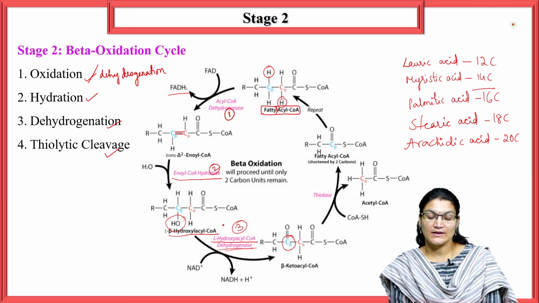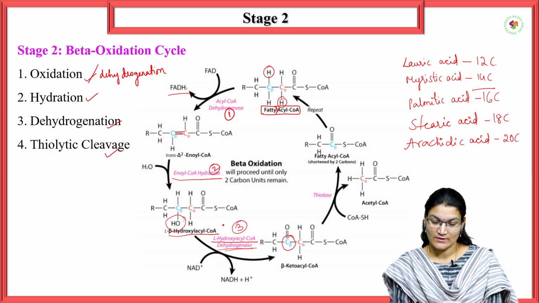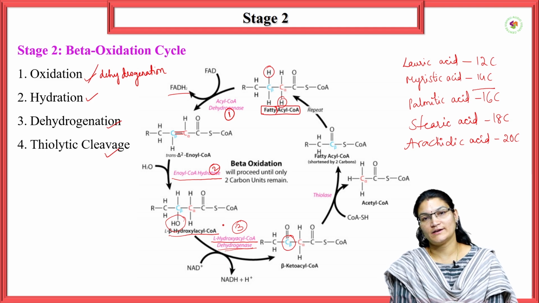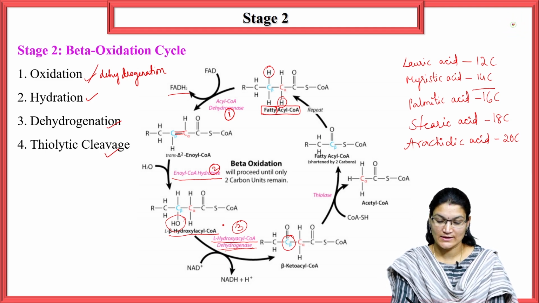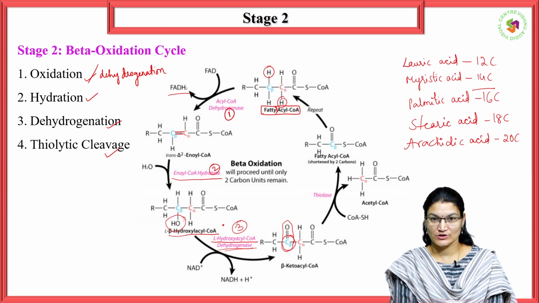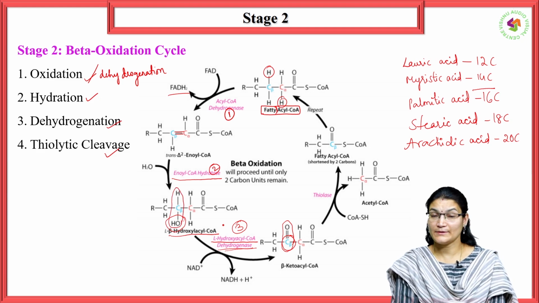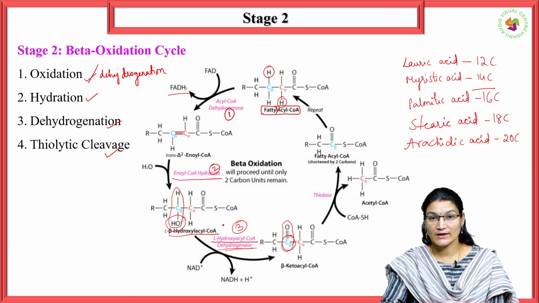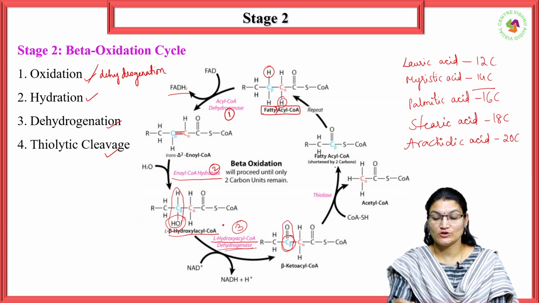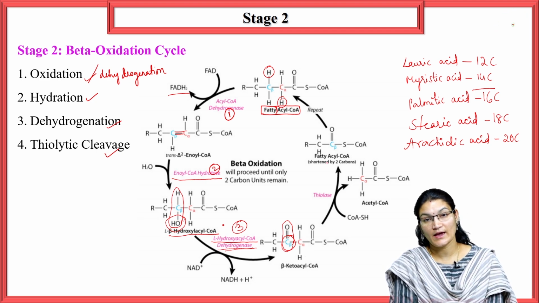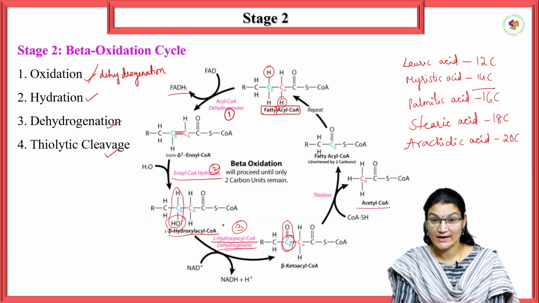After that comes beta keto acyl coenzyme A. We call it beta keto because you can see the formation of a ketone group at the beta position, where earlier there was a hydroxyl group. This beta keto acyl gets converted into fatty acyl coenzyme A, and it also releases acetyl coenzyme A, which is the main required end product of this beta oxidation procedure.